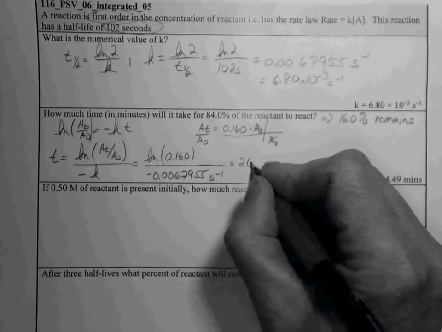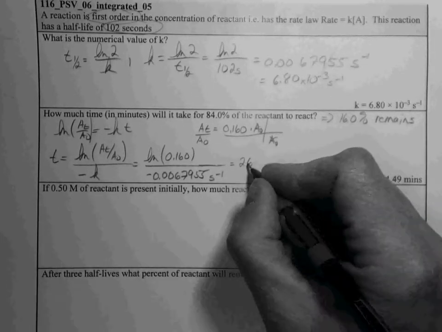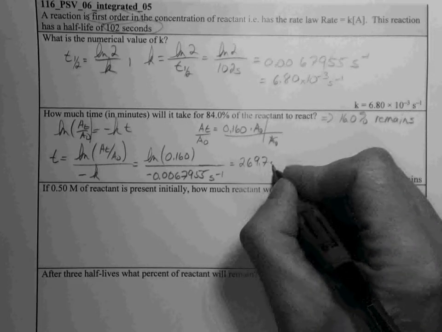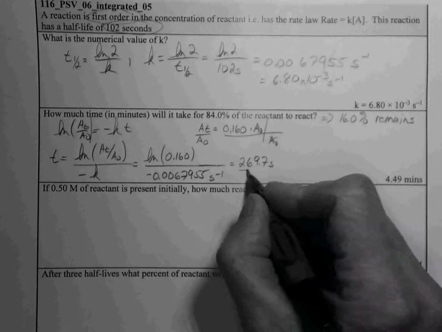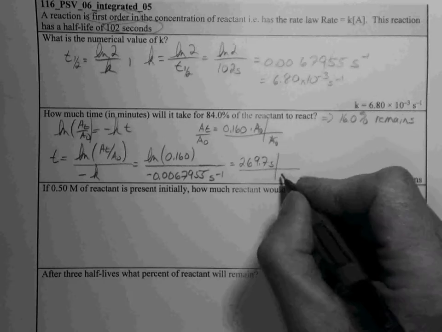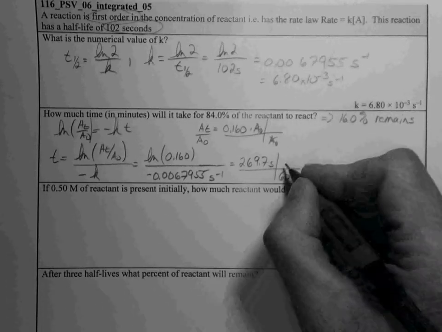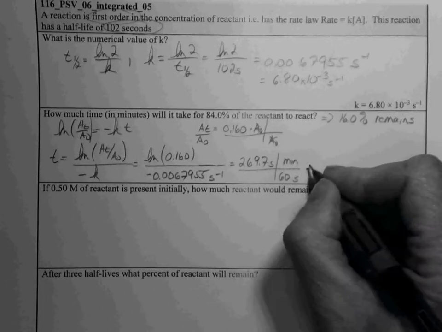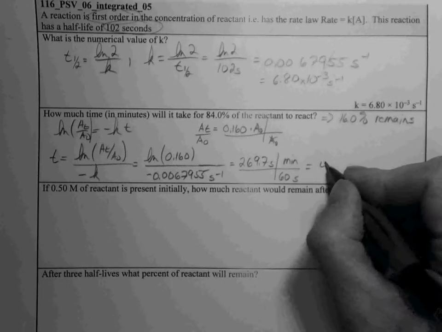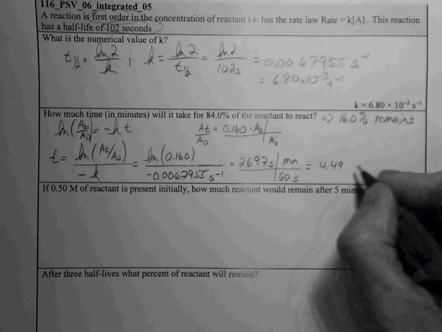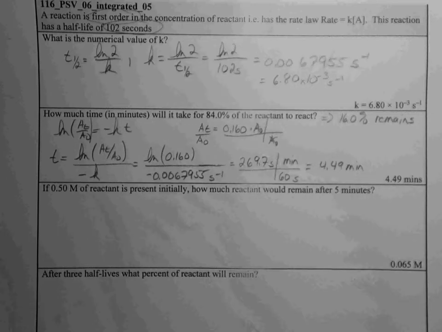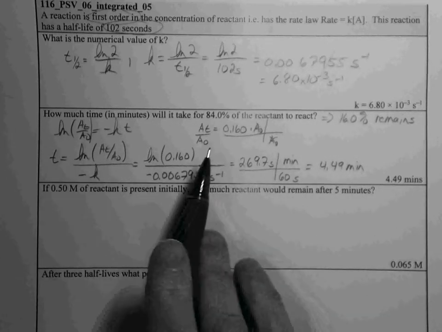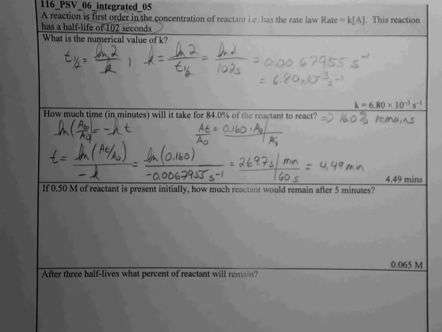So this would correspond to 269.7 seconds. If we want our answer in minutes, we have to do the conversion. 60 seconds is equivalent to a minute, and we get 4.49 minutes as the answer for the amount of time it takes for 84% to react.